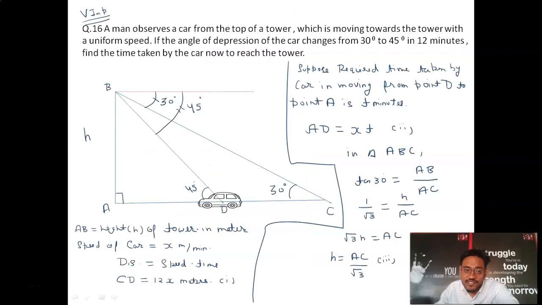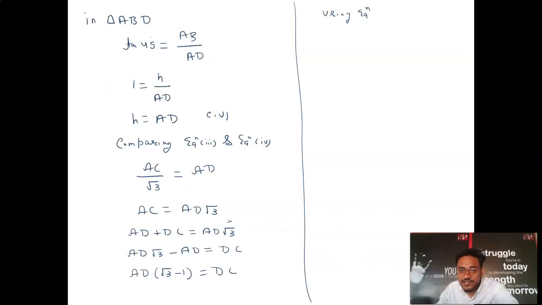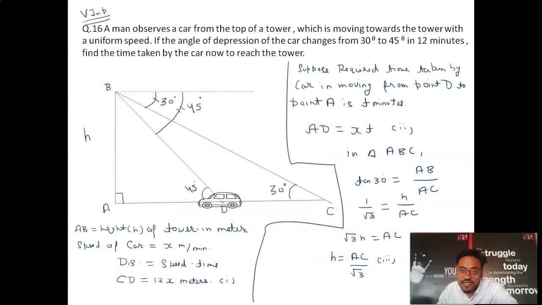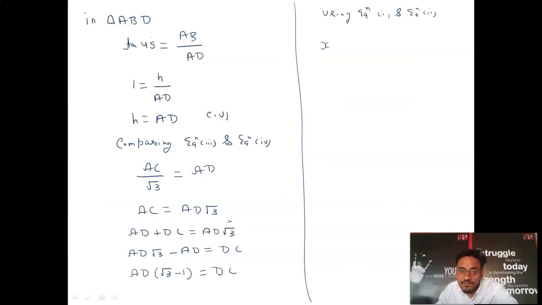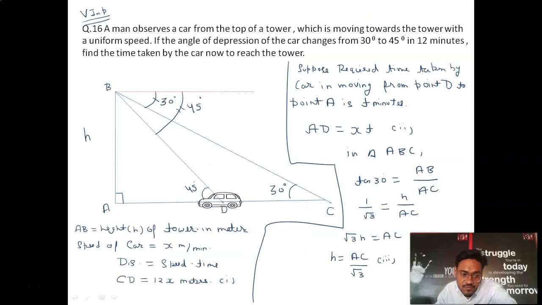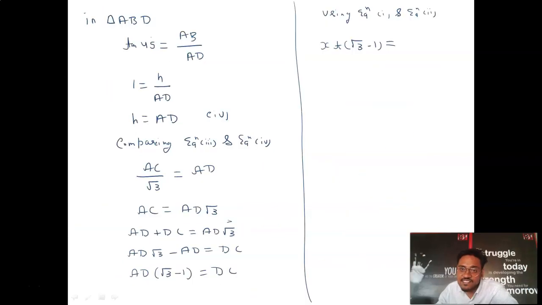Using equation number 1 and equation number 2, AD is x into t, times root 3 minus 1 in bracket, and it is equal to 12x. DC is 12x. DC or CD, it is the same thing.